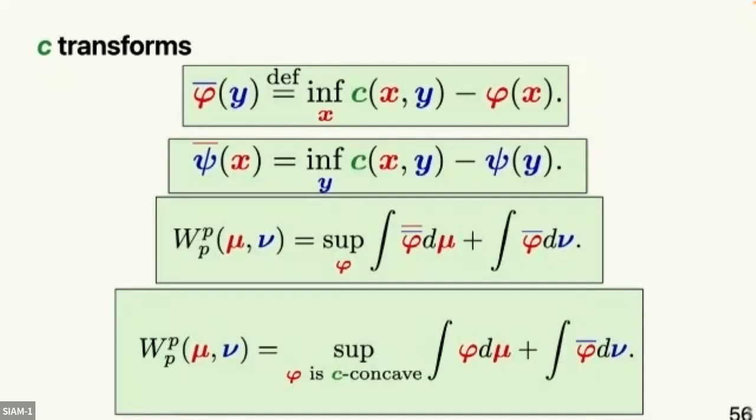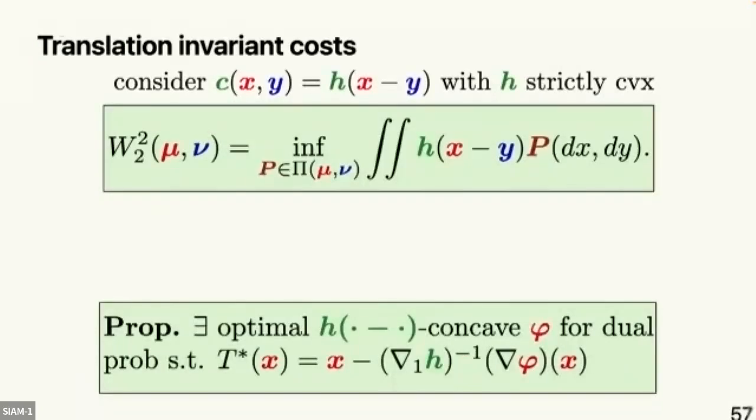Well, the first thing I can say, I'm not going to prove it because of time, but it's not that difficult to prove, is that if the cost is the Euclidean distance, you can show that the function phi has to be 1 Lipschitz, and its blue transform has got to be minus itself, which basically explains this Wasserstein duality.